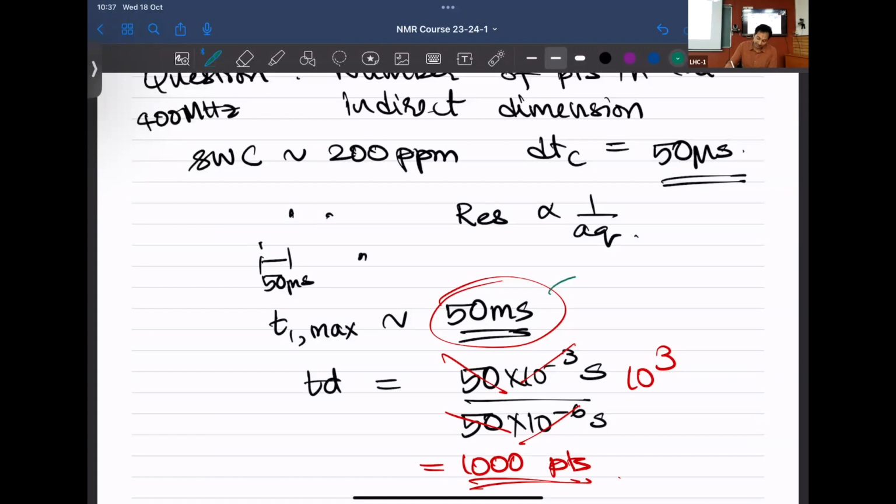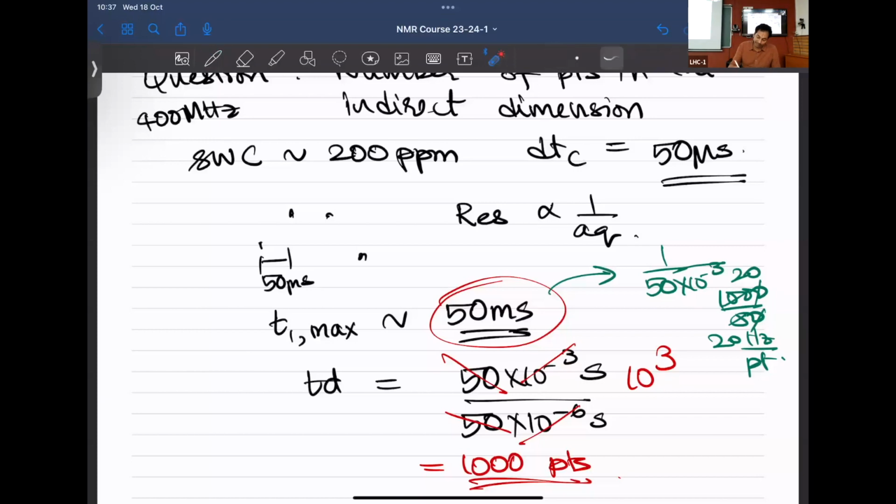That means that the resolution will be 1 over 50 milliseconds. We are talking about 1,000 over 50, which will be 20 hertz per point. So depending upon the resolution you want to obtain, you will acquire that many points.